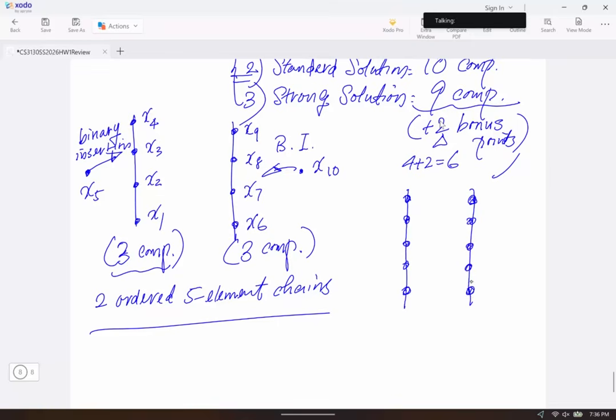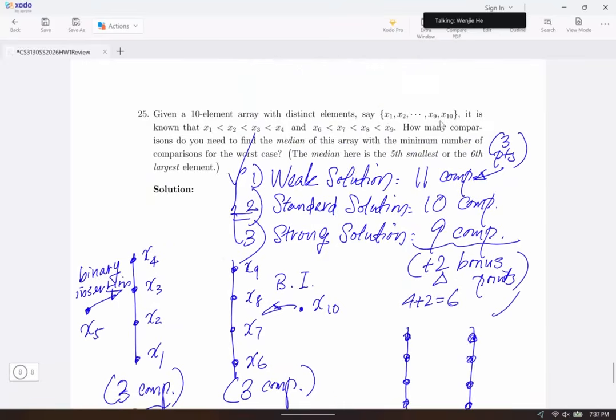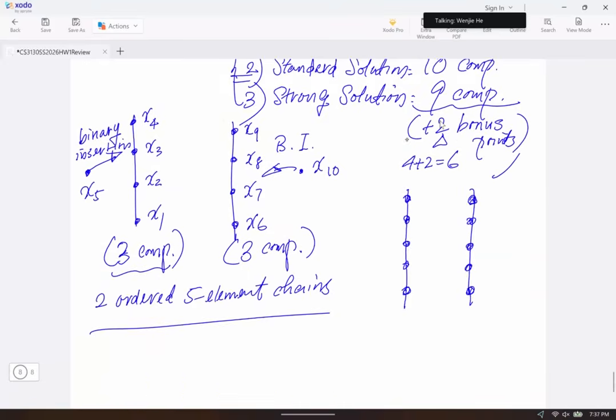Now we need to find the median, the fifth smallest. So we do it from the smallest end, from this end. This is the smallest end, and we need to find the fifth smallest. How to do it? The first comparison is between the two smallest elements in these two chains.